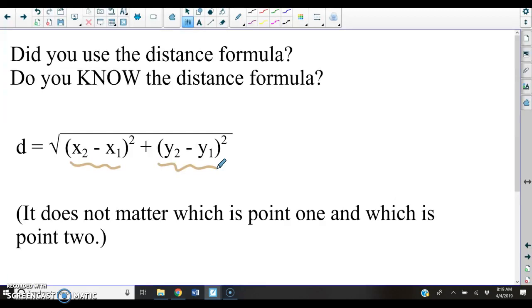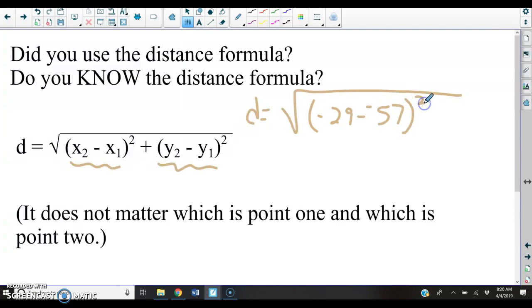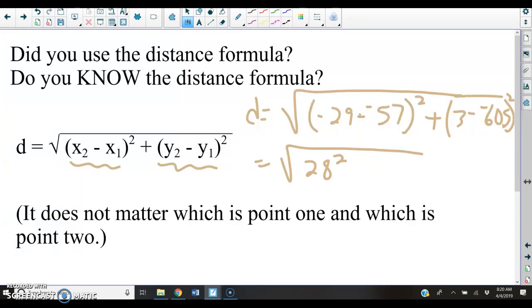So if we were to put in the points from the previous page, the distance would be the x's, -29 minus -57 squared, and then the other one would be 3 minus negative 60.5 squared. Guess what we get? 28 squared, because you'd add the opposite, and 63.5 squared.